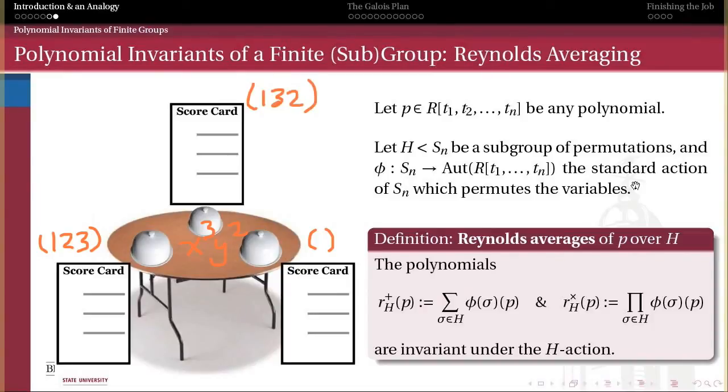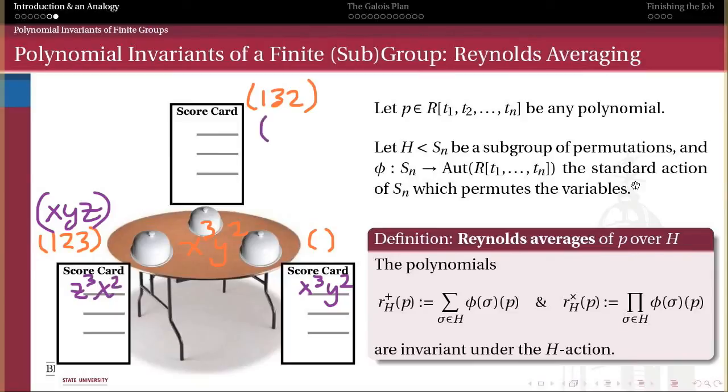And then each time, that group element is going to look underneath their cloche at their plate at x cubed y squared in this example, and they're going to write what they see. So the trivial permutation is going to see x cubed y squared. The permutation that moves 1, 2, 3, in other words, everything takes a step to the right. Instead of x, we're going to end up with z, and instead of y, we're going to end up with x. So this is going to be z cubed x squared.